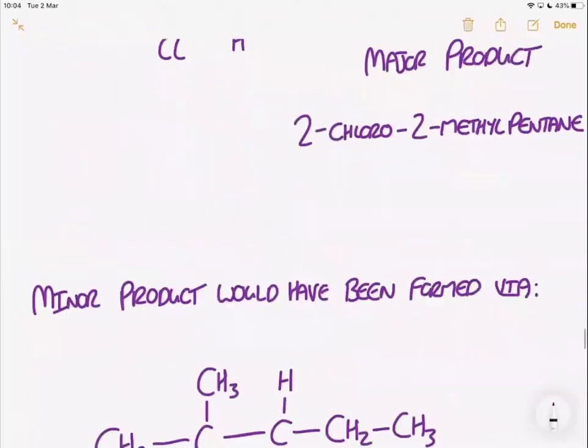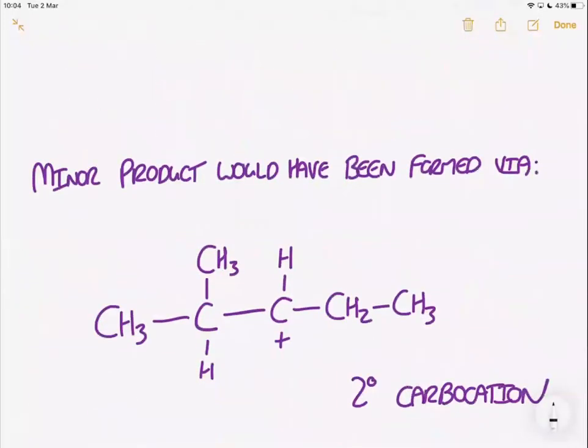Then your minor products would have been formed via this, which is actually a secondary carbocation, which is comparatively less stable. Again, you don't need to draw the minor product. I just want you to think about the carbocation that would be formed. Although you could draw it, you just stick a chlorine attached to that carbon that's got the plus.